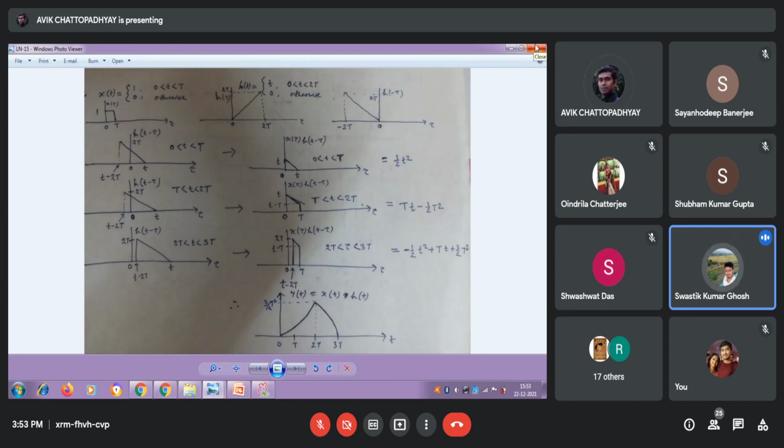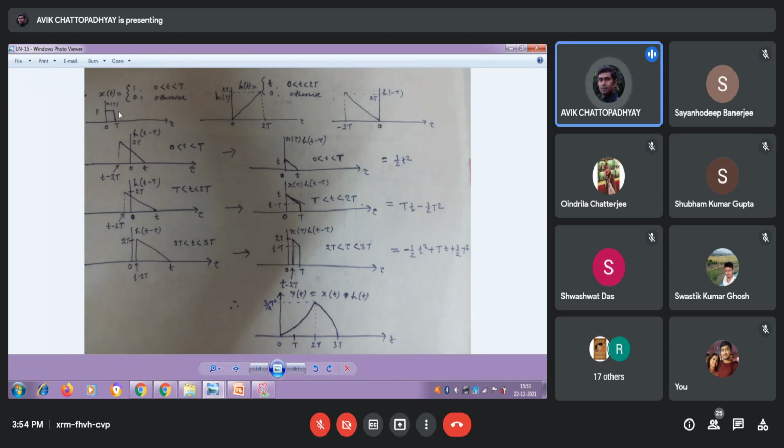Sir, please repeat the question once in the homework. The question is: x(t), the pattern and nature you see, will remain as it is. Another signal, h(t), with width, for one problem take 0 to t, the nature is the same, ramp function 0 to t, and in the second problem, it will be from 0 to 3t. In the first problem, the width is less than what is given over here, and in the second problem, the width is more than what is given over here.